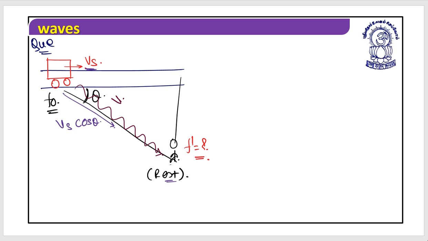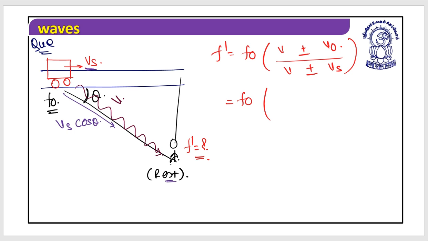Great. So now let's write down the master formula first: f dash is equal to f naught into bracket v plus minus v naught divided by v plus minus vs. This is f dash, which is equal to f naught into bracket v plus minus v naught upon v plus minus vs. Since the observer is at rest, v naught is zero, so this is equal to v divided by v minus vs cos theta.